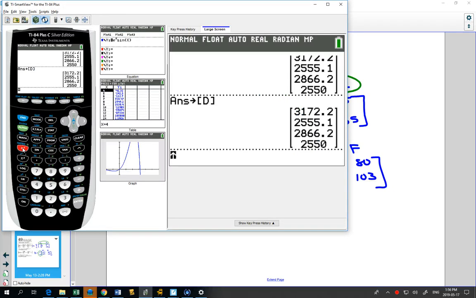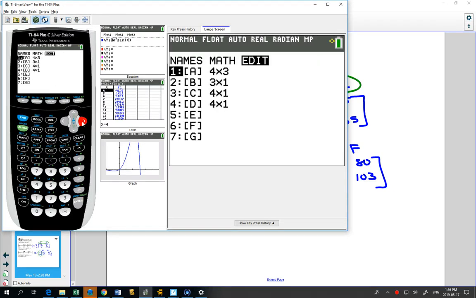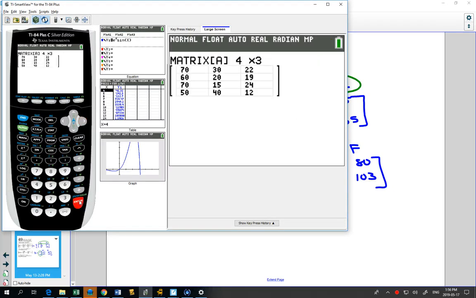So second matrix, edit. Matrix A was a 3 by 2.